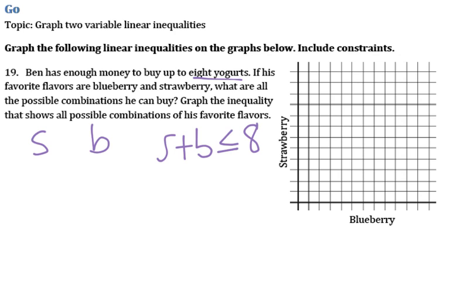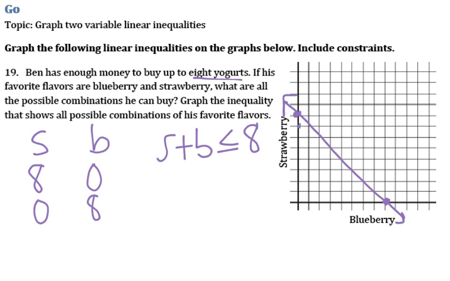So that's kind of what our equation would be. So if we thought about this, what if we bought 8 strawberry and 0 blueberry? Well, that would be this point right here, right? He could also buy 0 strawberry and 8 blueberry, so that would be right here, right? So we could graph that.